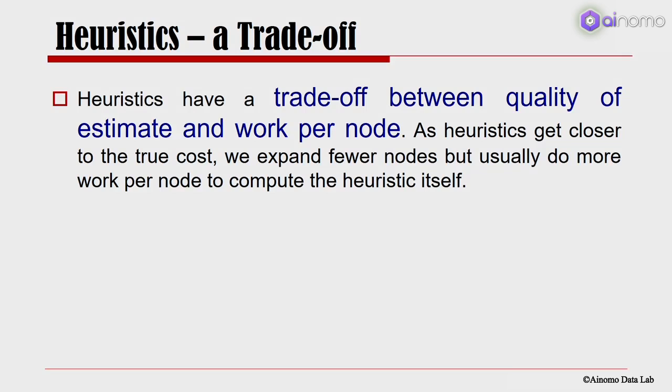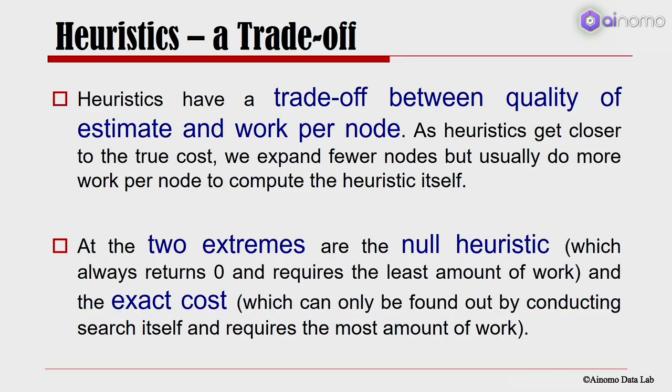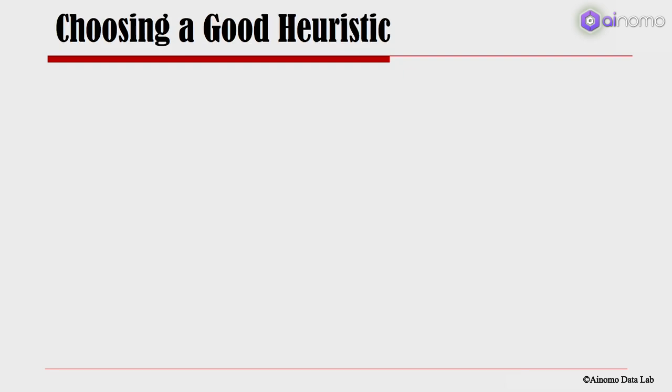As heuristics get closer to the true cost, we expand fewer nodes, but usually do more work per node to compute the heuristic itself. At the two extremes are the null heuristic, which always returns 0 and requires the least amount of work, and the exact cost, which can only be found by conducting search itself and requires the most amount of work. Choosing a good heuristic is therefore a very vital problem.